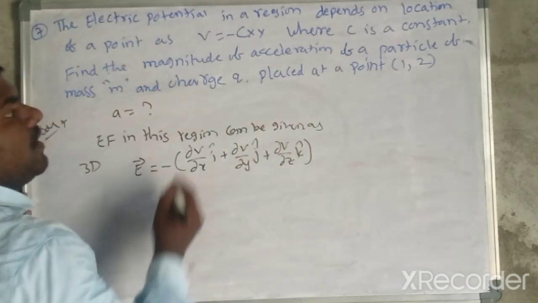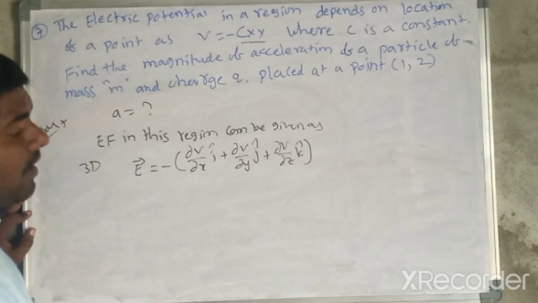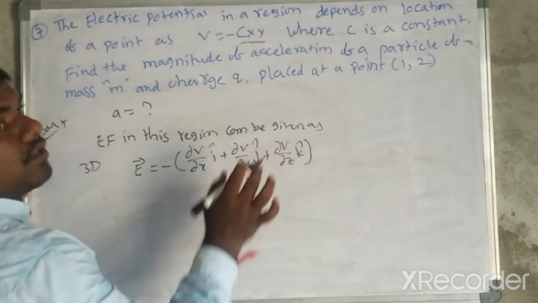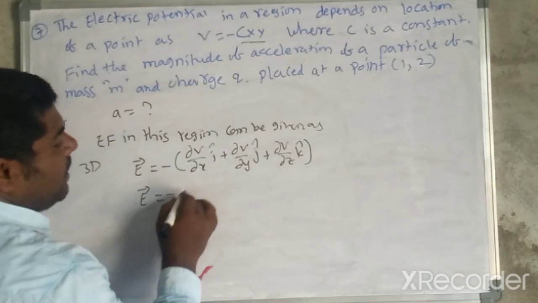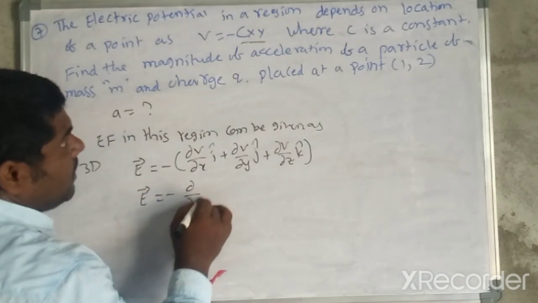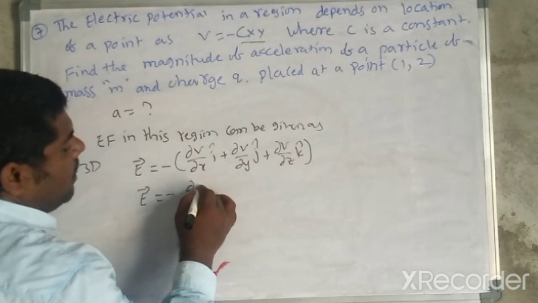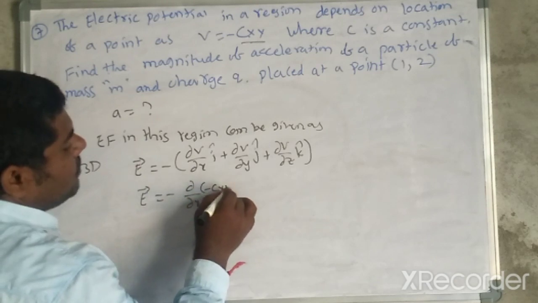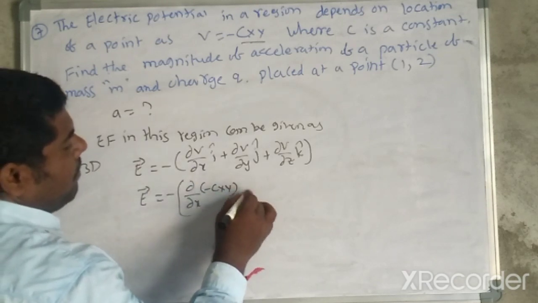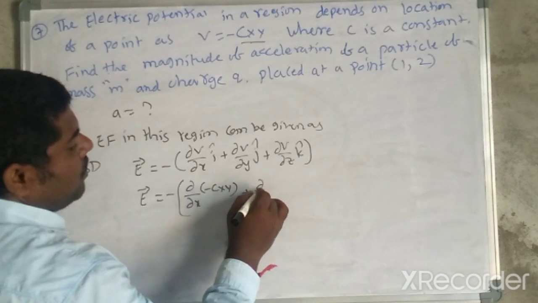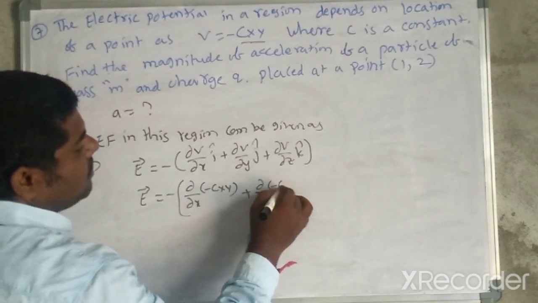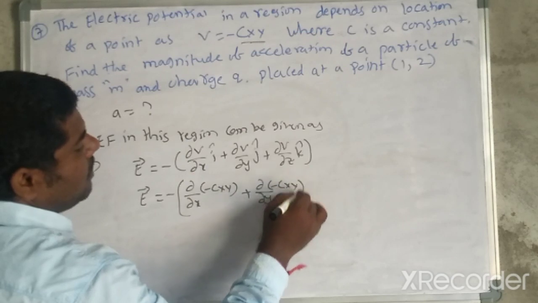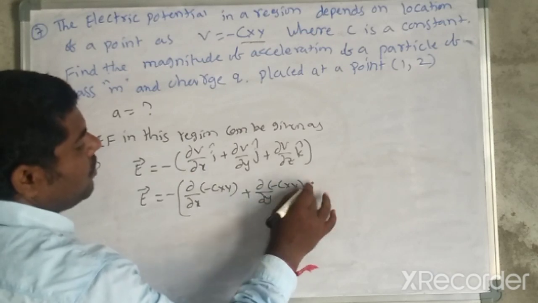Already we know this formula. Here only x and y appear, so no need to write z. So E bar is equal to minus d by dx of V, which is minus Cxy, plus d by dy of minus Cxy.